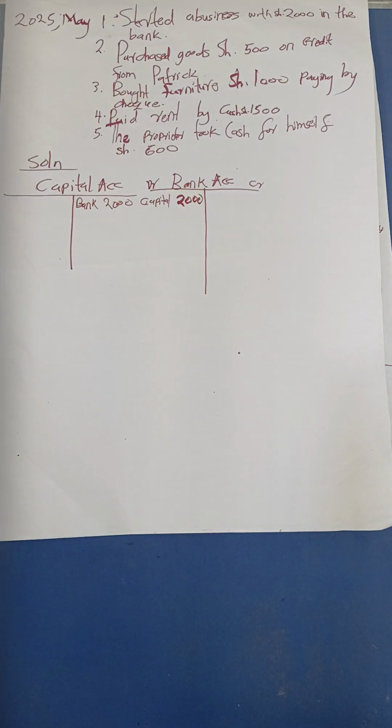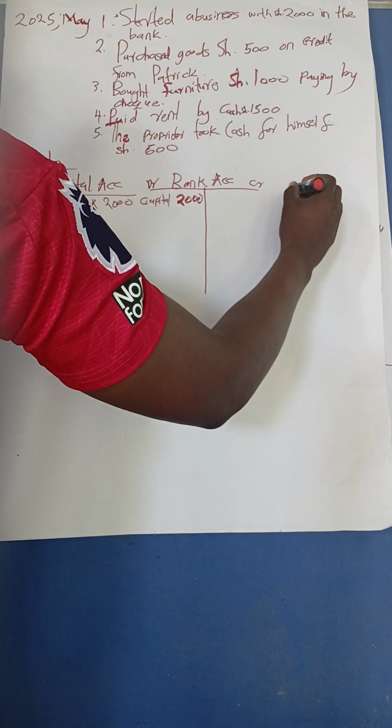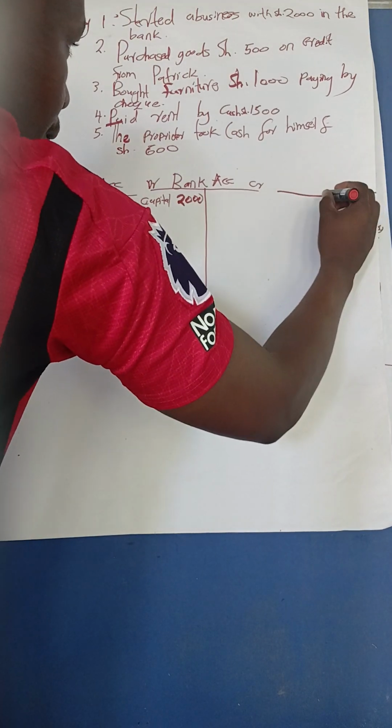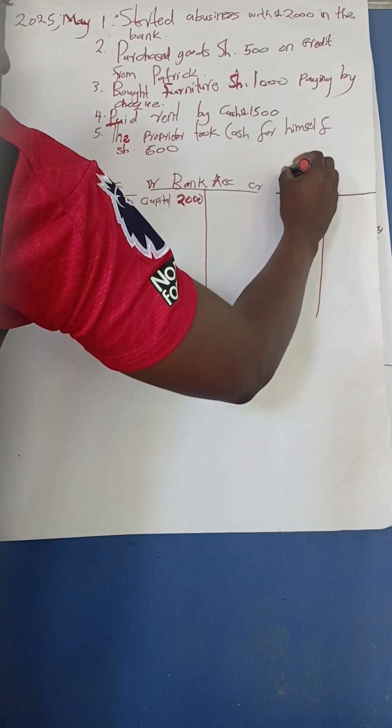Purchased goods worth 500 on credit from Patrick. How many accounts are there? Purchased goods. When you hear the word purchased goods, you open an account called purchases. You write here purchases account.